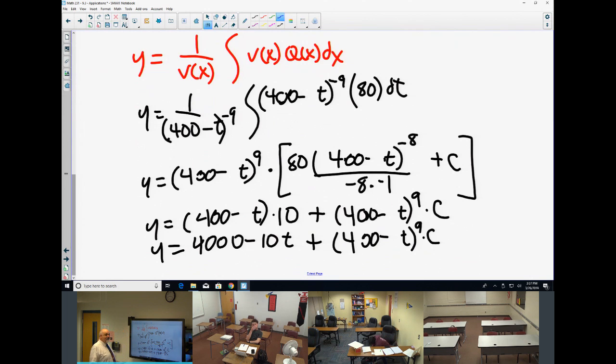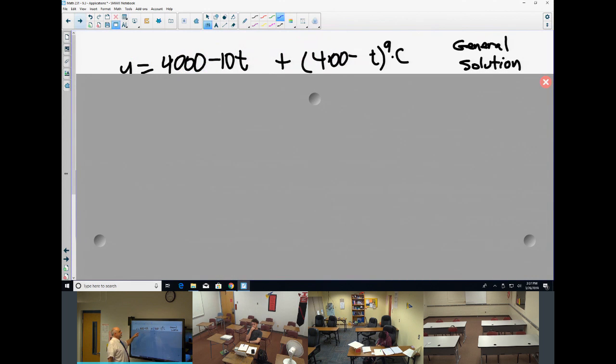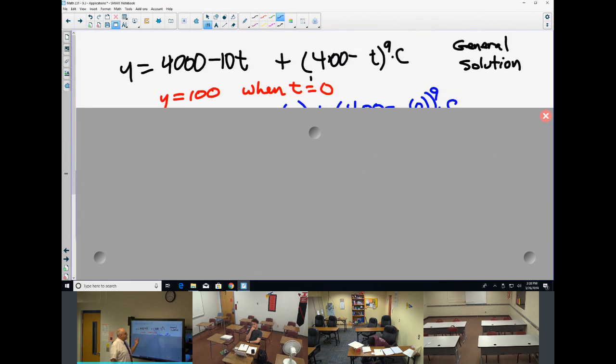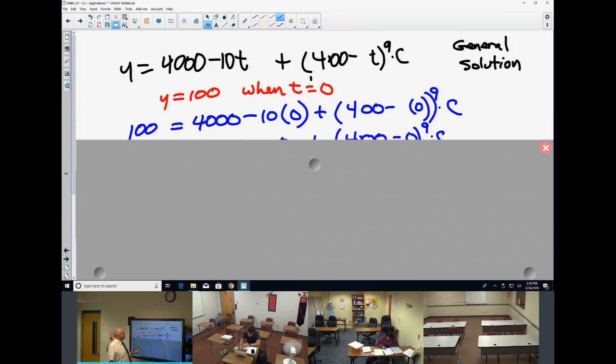Now, the only thing I have yet to determine is what the c is. So, again, from yesterday, to find the c, you plug in the initial condition. So that's the general solution. But then the initial condition is when t is 0, we have 100 pounds of stuff in there. So we plug in 0 for t and 100 for y.